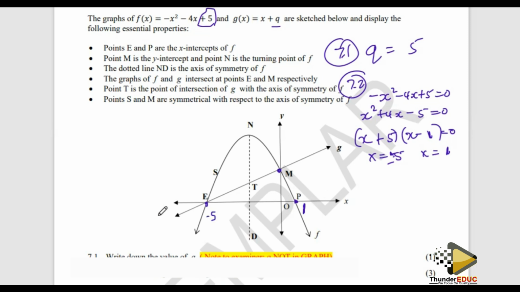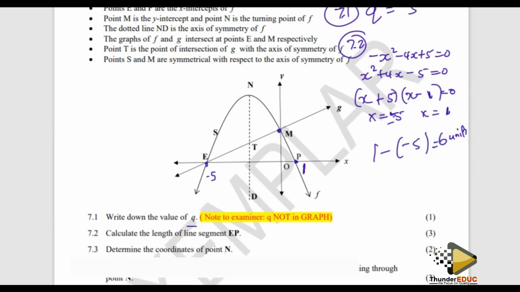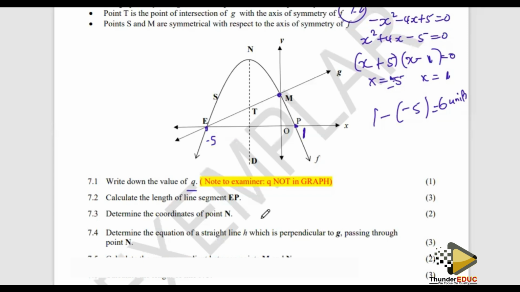Now, when I'm getting the distance along the straight line, that is not at an angle, so it's either horizontal or vertical, just get the big number 1 minus negative 5, which means we have 6 units. You can use your distance formula, you still get the same answer, but that is the easiest.